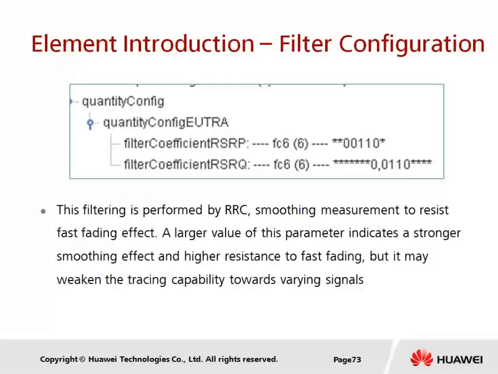This is actually beneficial for the network in terms of judging, as a stronger smoothing effect and a higher resistance to fast fading is good for the decision, because from time to time the signal from the cell could fluctuate due to fading. So it is good to filter the measured value against the previous filtered value, so it creates a good smoothing effect.